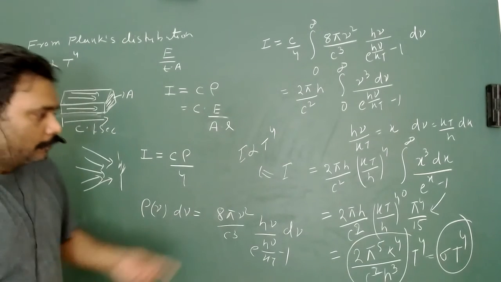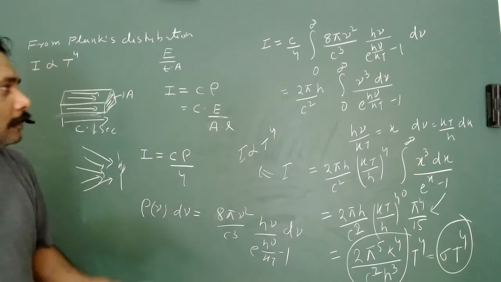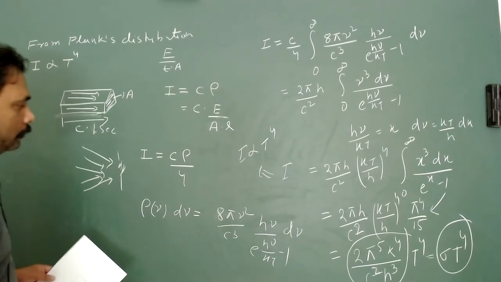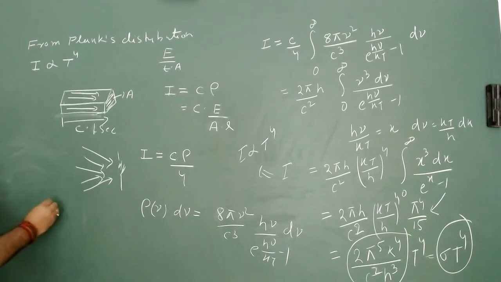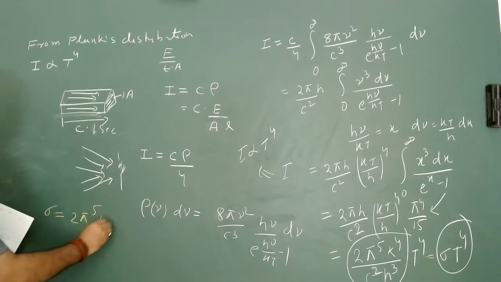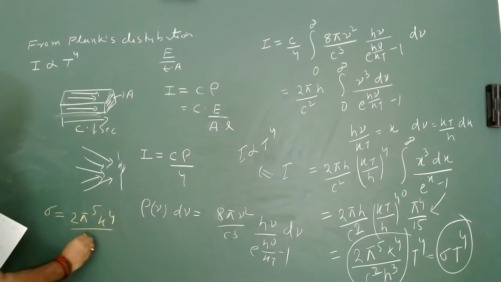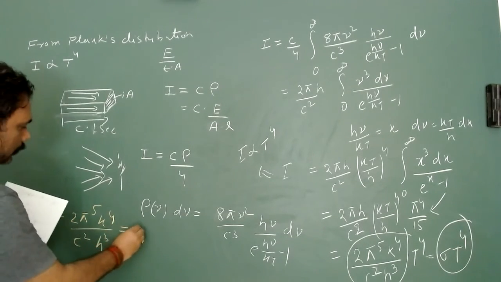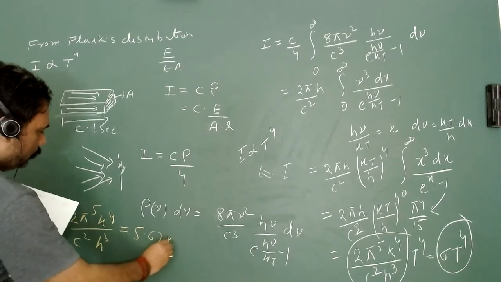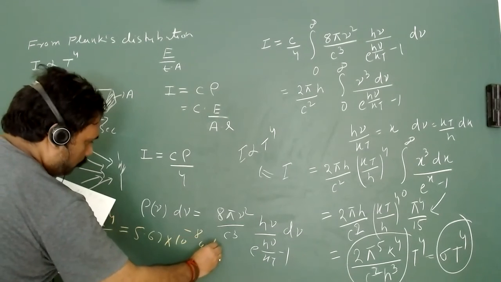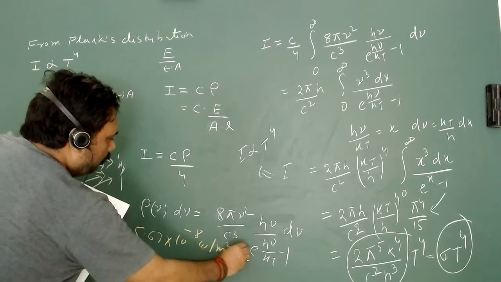So the value of sigma is 2 pi to the power 5 k to the power 4 upon c square h cube, and this value comes to 5.67 into 10 to the power minus 8 watt per meter square Kelvin 4.